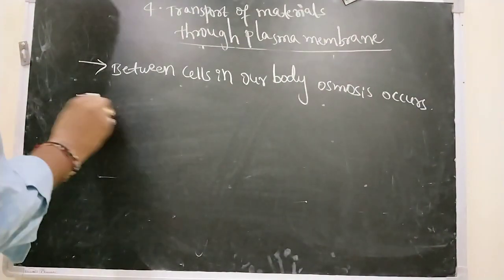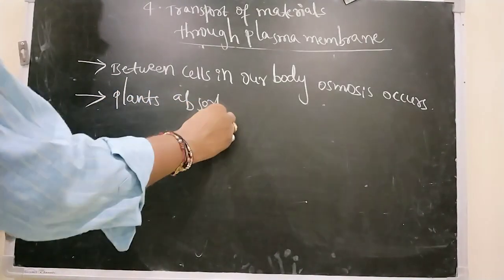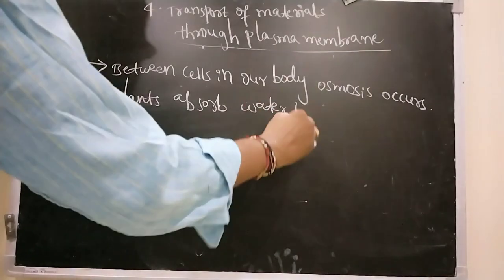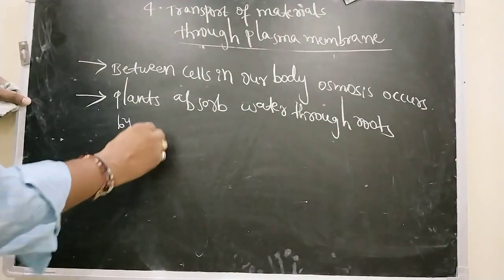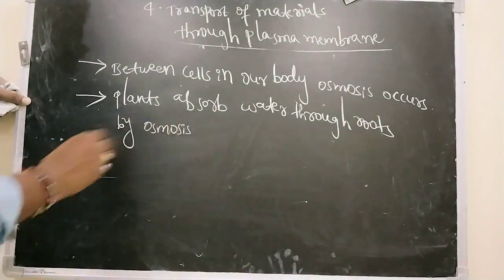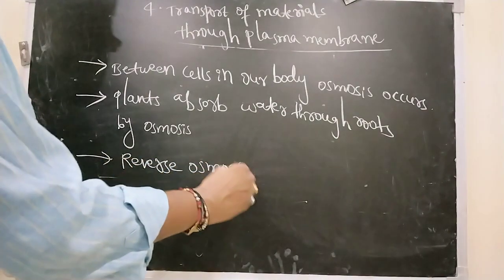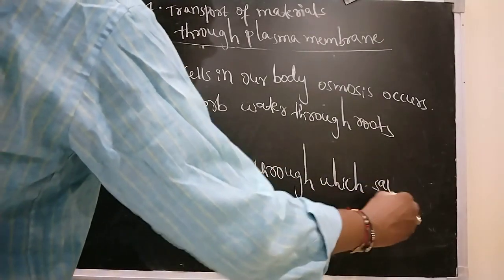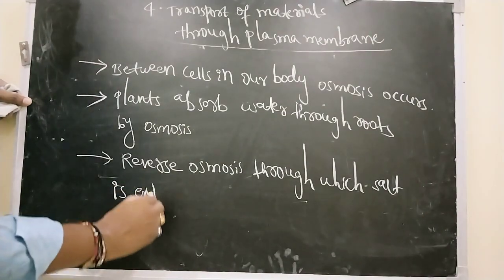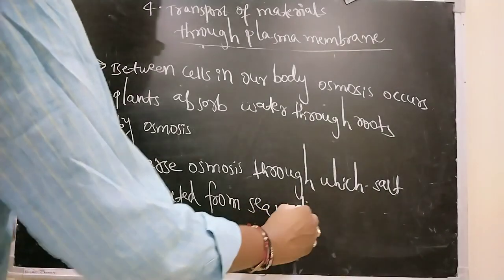Next, plants absorb water through roots by osmosis, and reverse osmosis is the process through which salt is extracted from seawater.